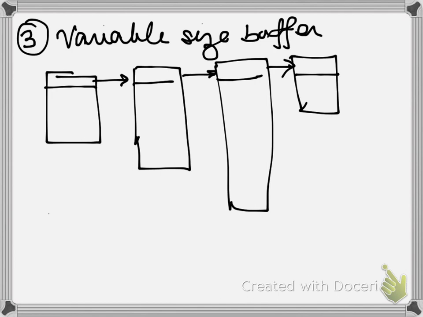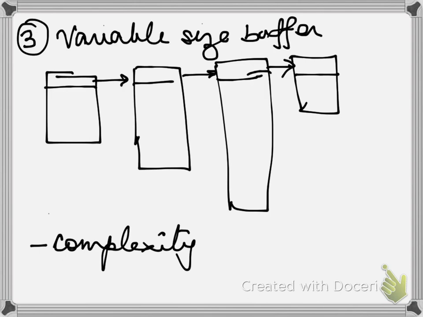If it is a small segment, you put it in a small buffer. So there will be lesser wastage in this case. However, because you have to first find out the size of the segment, then find a buffer to fit it, there is complexity. The complexity is comparatively higher.